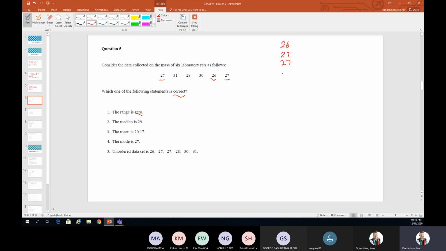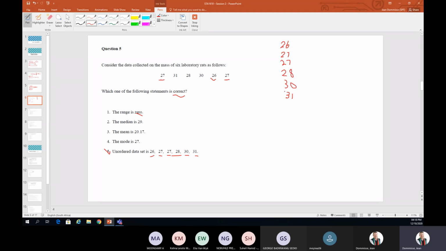A 28, a 30, and a 31. Okay, so 26, 27, 27, 28, 30, 31. So that is actually your correct one. But let's work through the others as well, just so that we can see how to get it.